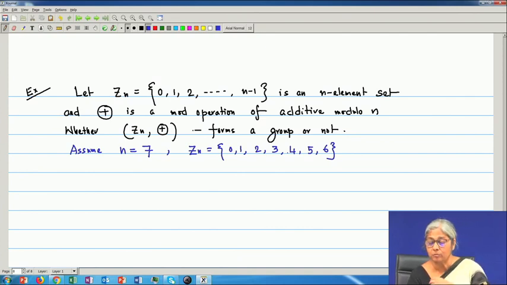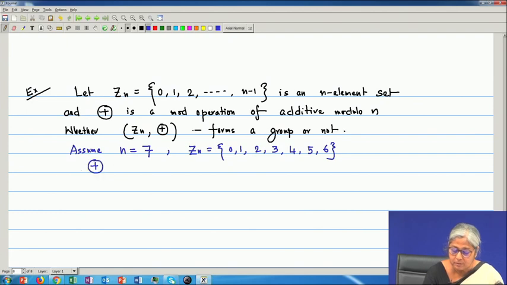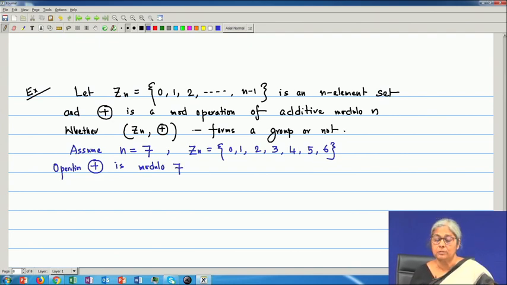Since I will be taking modulo 7, my operation is modulo 7. If we remember that modulo 7 means if we divide the number by 7, we will be taking the remainder. So, if we divide by 7, the remainder can be from 0 to 6, and that is my set.